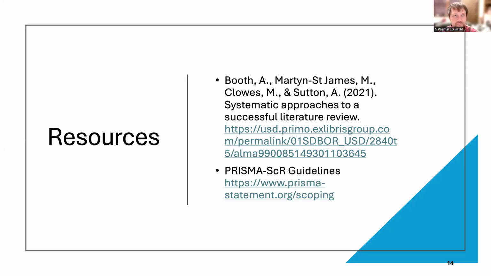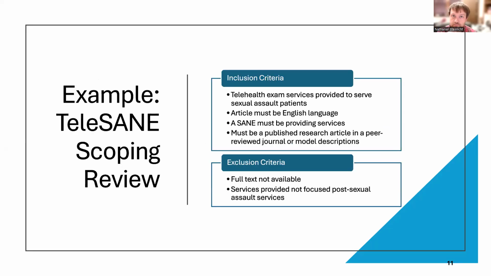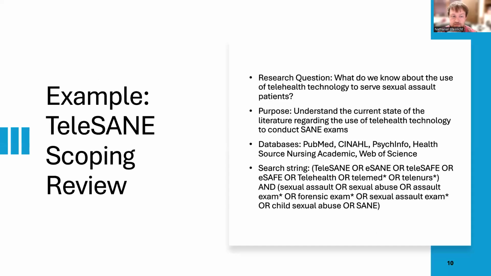I think the 5 we picked were basically just identified by our research team. And so it was specifically, I think, PubMed, CINAHL, PsycInfo, Health Source, and Web of Science. Those were all identified by a research team. We then also asked a librarian if they had any others or any suggestions, and they basically said, nope, those are great ones.